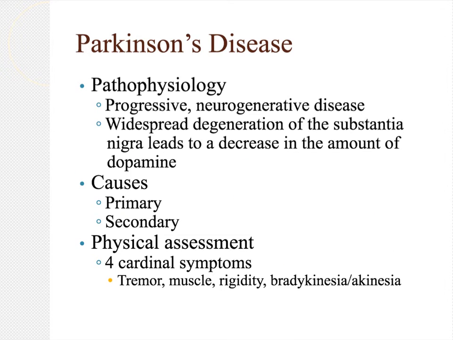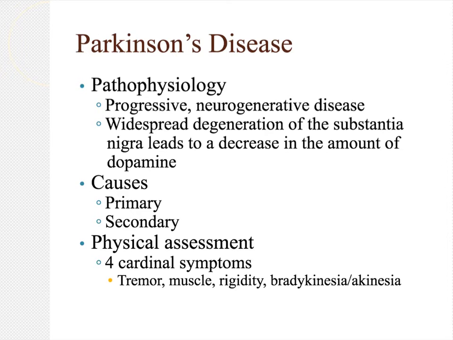The exact cause of idiopathic Parkinson's disease is unknown. Few cases suggest a hereditary pattern. So there is a primary or idiopathic Parkinson's disease. That means we don't know what causes it.